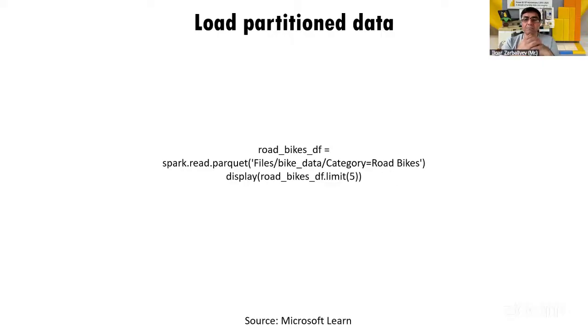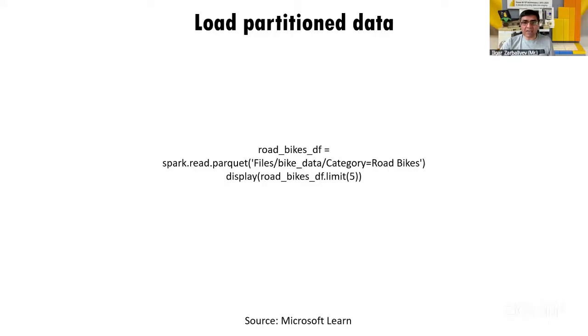To summarize, data frames are the primary way to work with structured data in Spark. We have seen how to load data, infer or define schemas, filter and aggregate information, save results, and optimize storage using partitioning. These capabilities form the foundation of most Spark data engineering and analytical solutions in Microsoft Fabric.